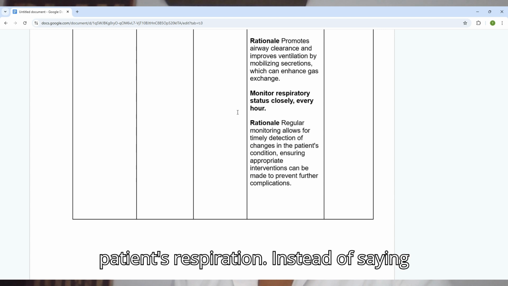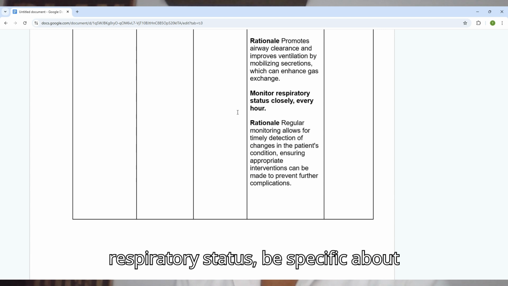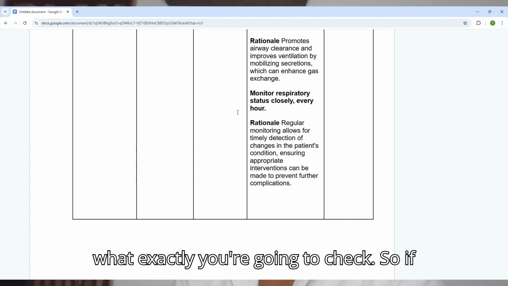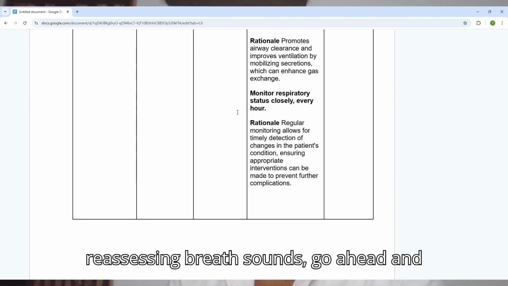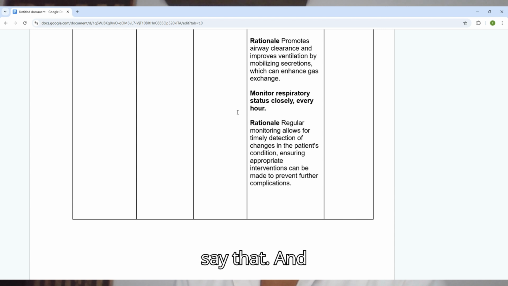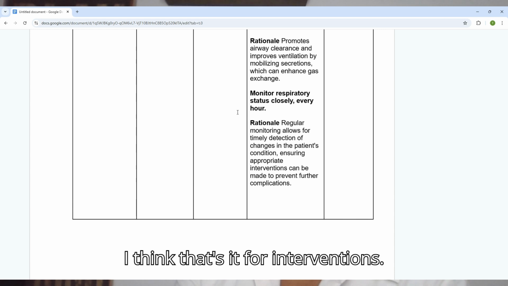So measure and record the patient's respiration instead of saying respiratory status. Be specific about what exactly you're going to check. So if you're going to be checking the respiratory rate and the SpO2, go ahead and say that. If you're going to be reassessing breath sounds, go ahead and say that. And I think that's it for interventions.